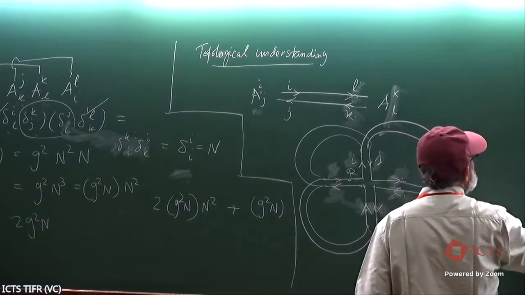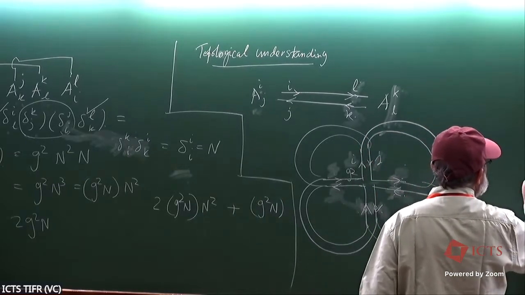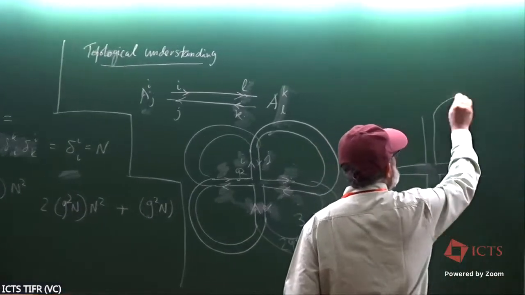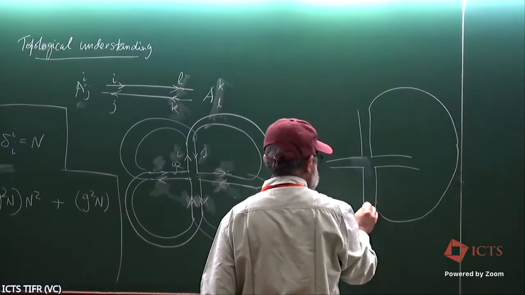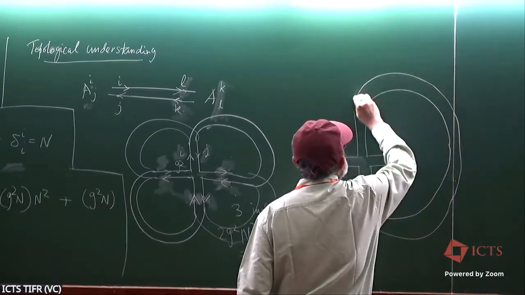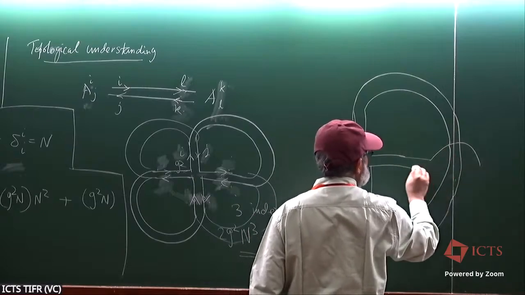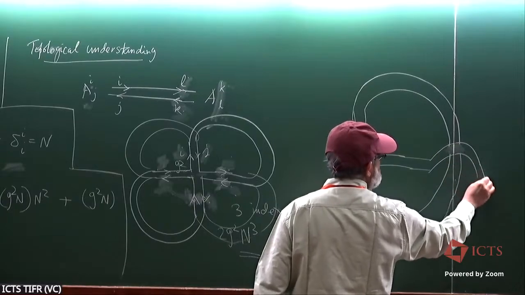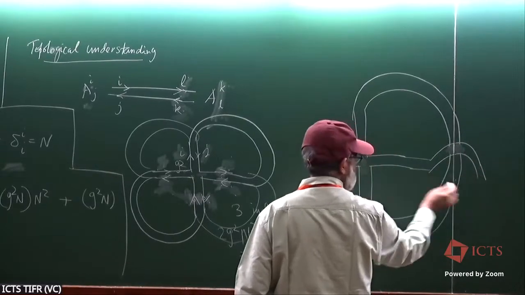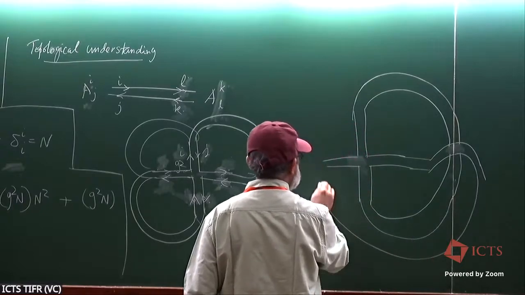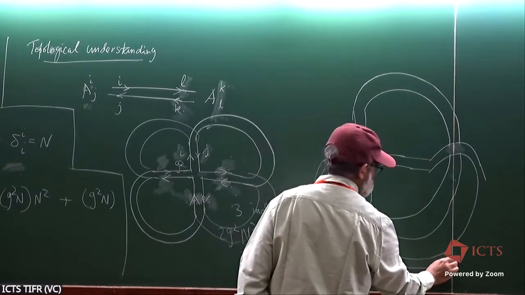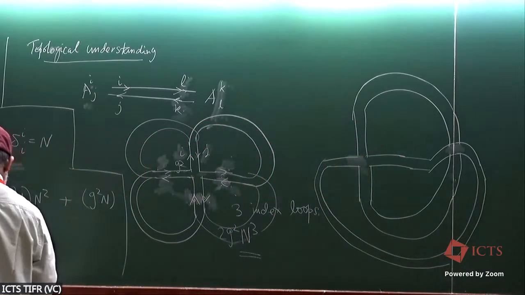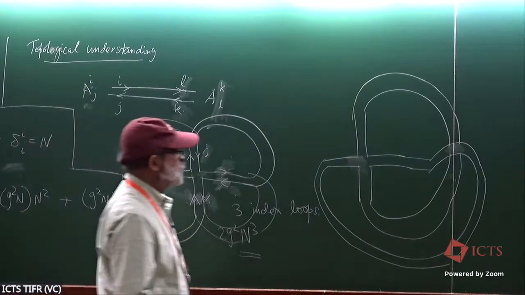And this one here, eventually, so that's one. That is like this. And another one is going above, like this. Let's count how many index loops there are. Let's start chasing the index line.